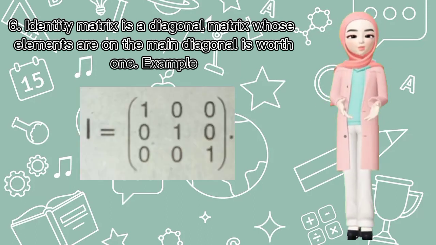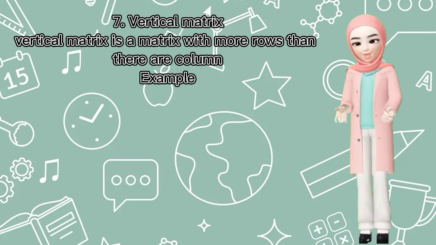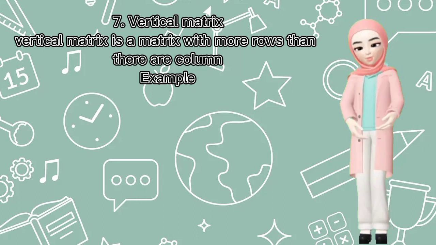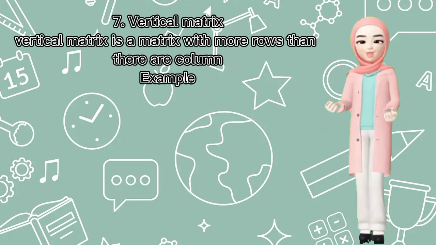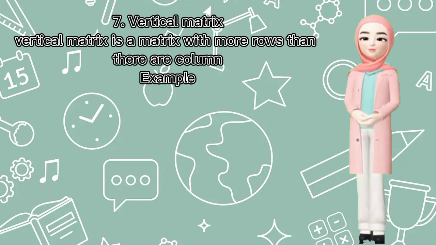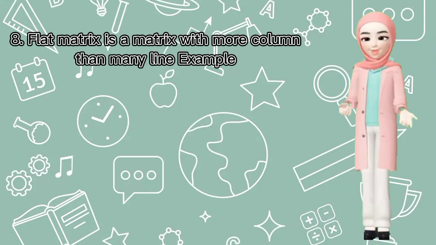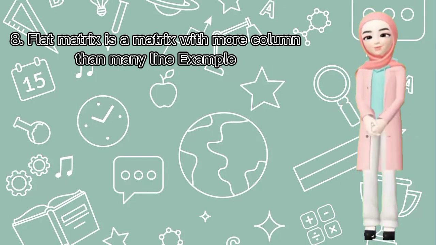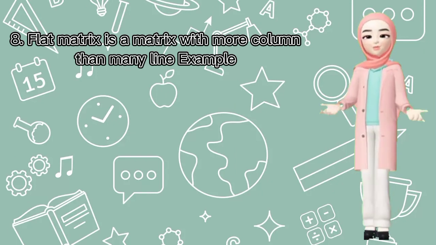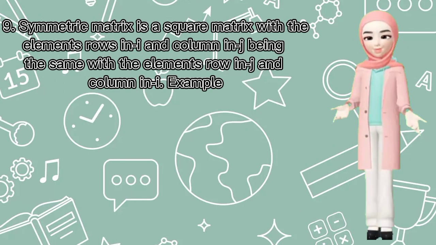Example. 7. Vertical matrix is a matrix with more rows than columns. Example. 8. Flat matrix is a matrix with more columns than rows. Example. 9.